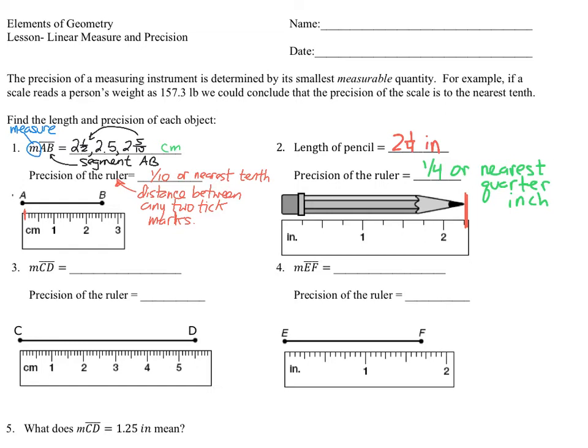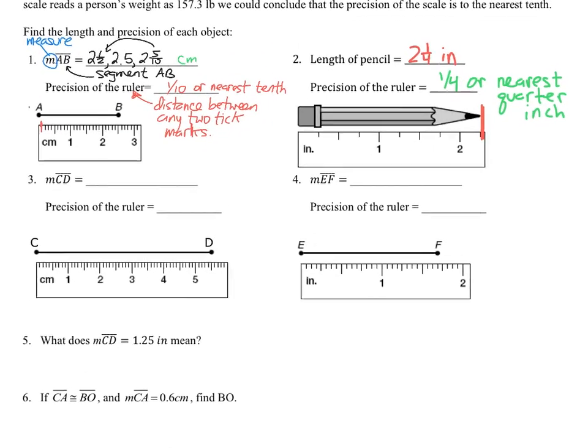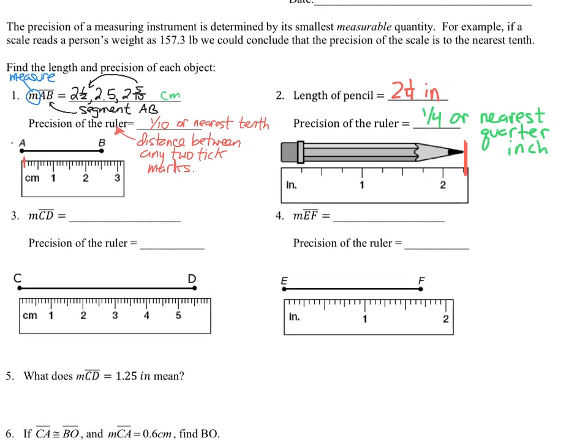And so the next one, measure of CD. Again, measure of the line segment going from C to D. So these are centimeters, but again, we count the tick marks. It's a reasonable assumption that if you're working with centimeters, the tick marks would be millimeters, but you never know.